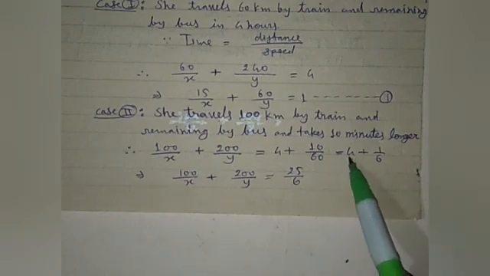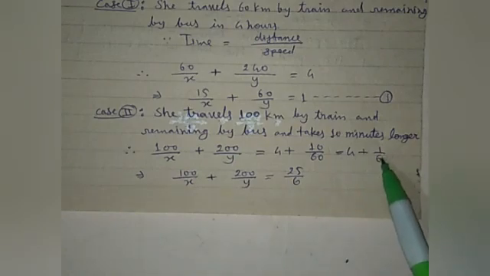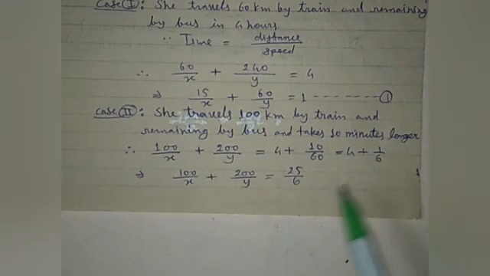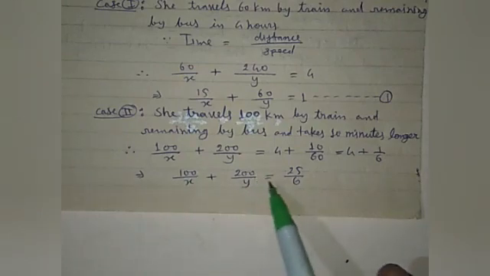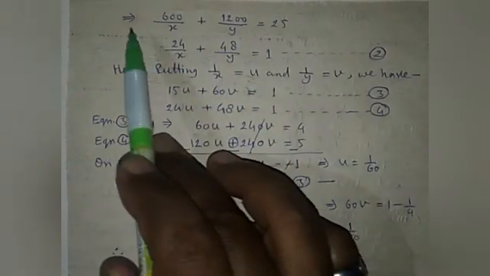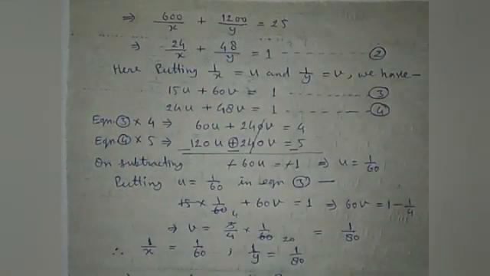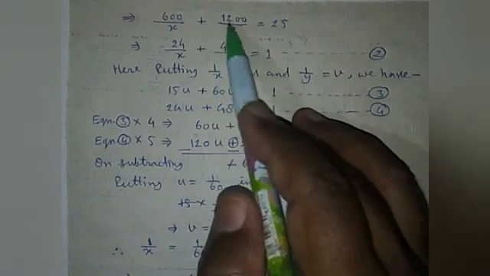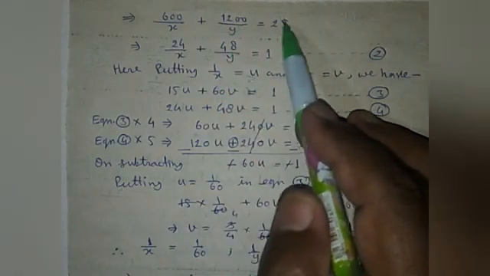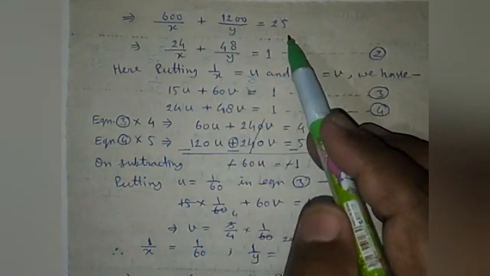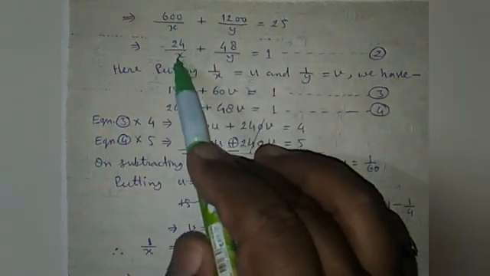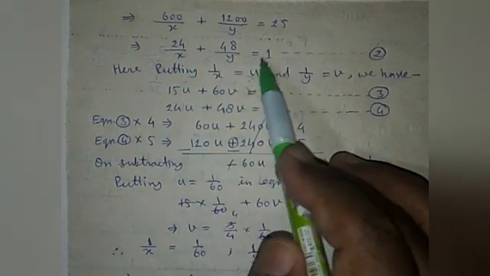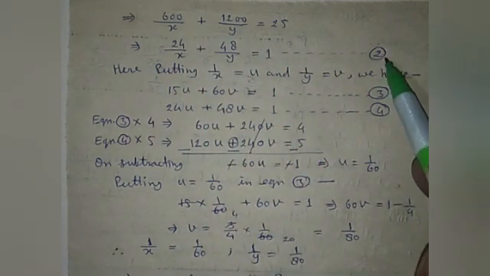So here it is 4 plus 1 by 6 hour. Six fours are 24 plus 1, that is 25 by 6 hour. So we have the equation 100 divided by x plus 200 divided by y equal to 25 by 6. Multiplying both sides by 6, we have 600 upon x plus 1200 upon y equal to 25. Now again dividing both sides by 25, we have 24 divided by x plus 48 upon y equal to 1. Let it be equation number 2.